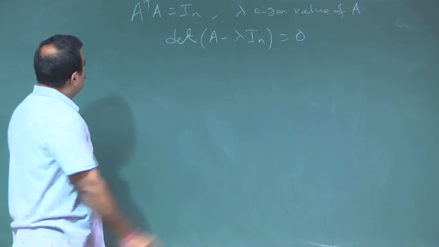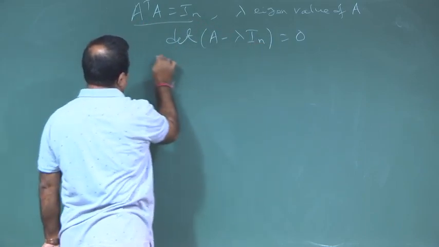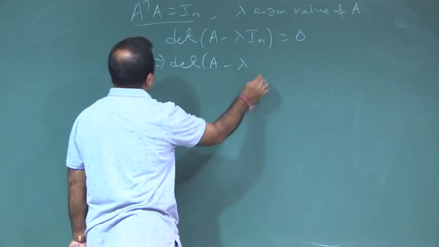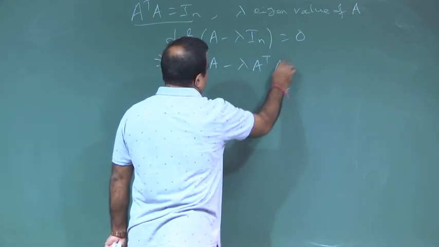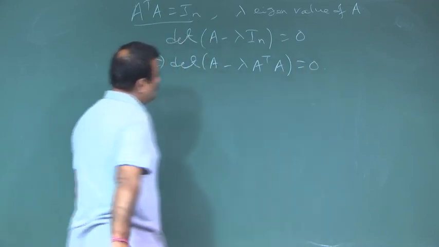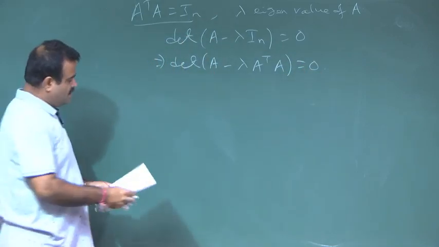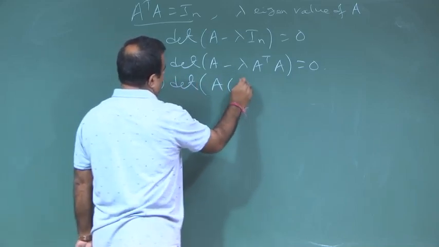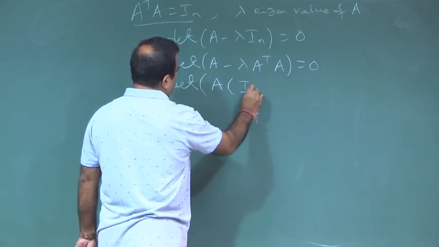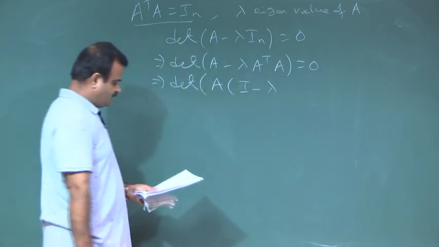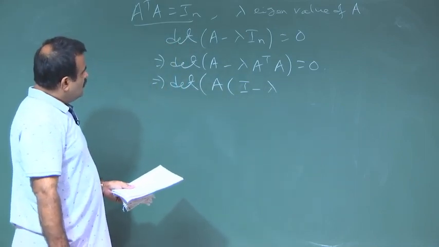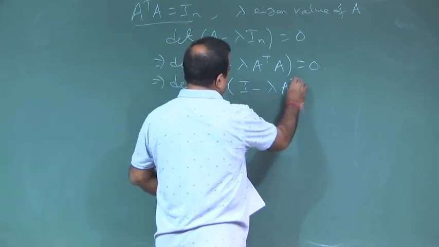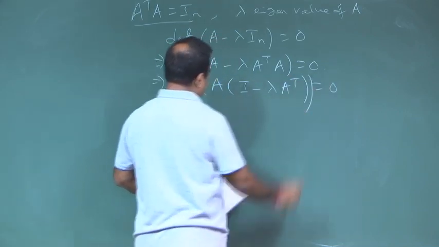Now, A is orthogonal, so we can use this property. This implies det of A minus lambda of A transpose A equal to 0. Now we can take det of A common, so this is I minus lambda A transpose equal to 0.